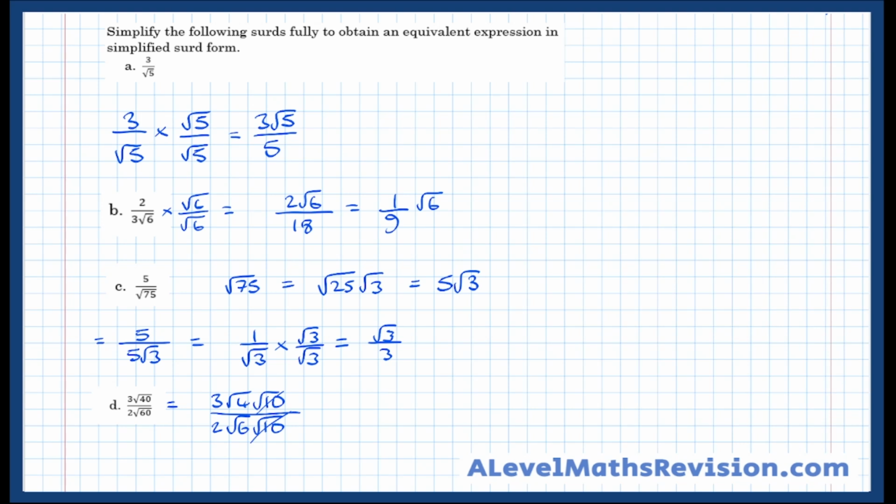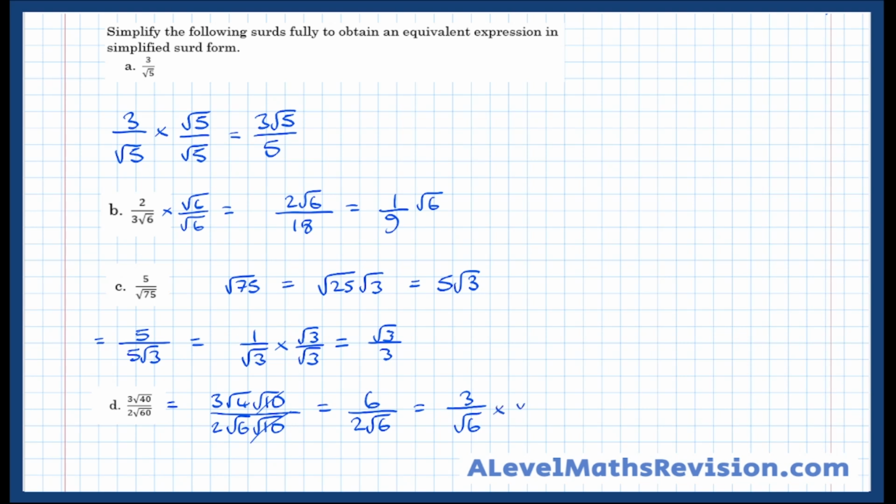That can disappear, giving us on the top 3 times root 4 is 3 times 2, which is 6. And we've got 2 root 6 on the bottom. Let's keep simplifying. So 6 divided by 2 is 3, like that.